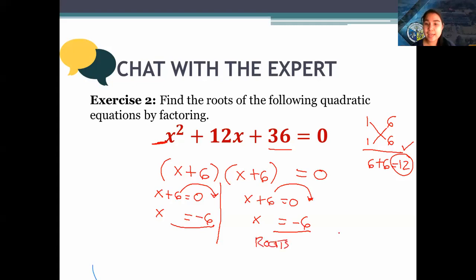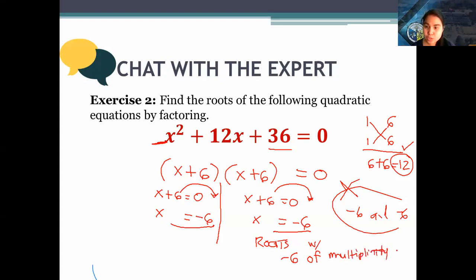You could not say -6 and -6. Wrong. The correct way to say it is the roots are -6 with multiplicity 2. It means there are two -6 for the answers. If there are two 4s, you say 4 with multiplicity 2.